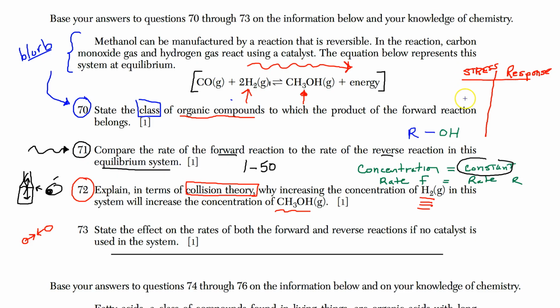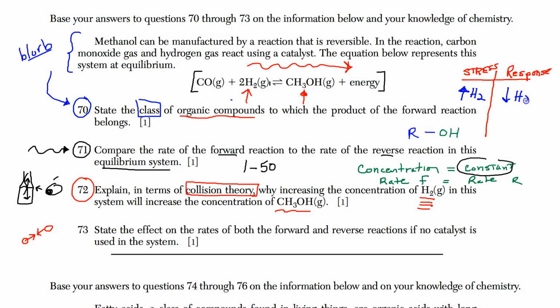So what's the stress? There's an increase in H2. We've just unbalanced this process because you learn at equilibrium, the amount of reactants and products stay constant because the rate of the forward equals the rate of the reverse. That was what we talked about in number 71. But if I increase H2, that's the stress. There's too much H2. So to rebalance itself, it's going to decrease H2.